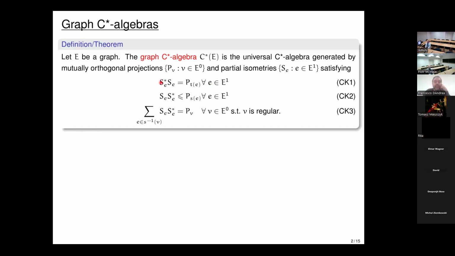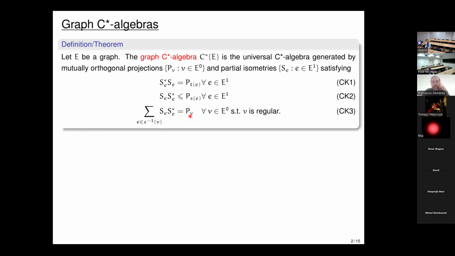For every edge E, SE star SE should be equal to the projection of the target vertex of E, P of T of E. SE SE star should be less or equal than the projection of the source vertex of E. And then if V is a regular vertex, meaning that the set S-1 of V is non-empty and finite, then the next relation tells you that the sum over all edges emitted from V of SE SE star is equal to PV, the projection of V.